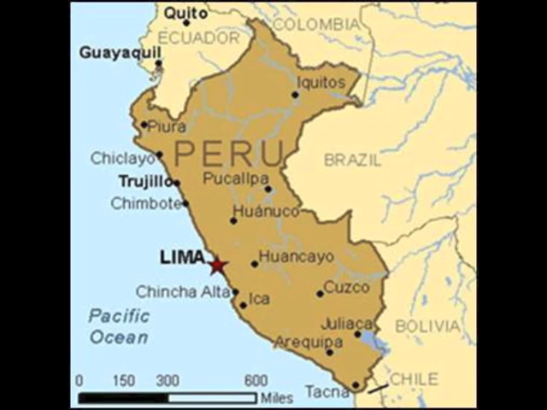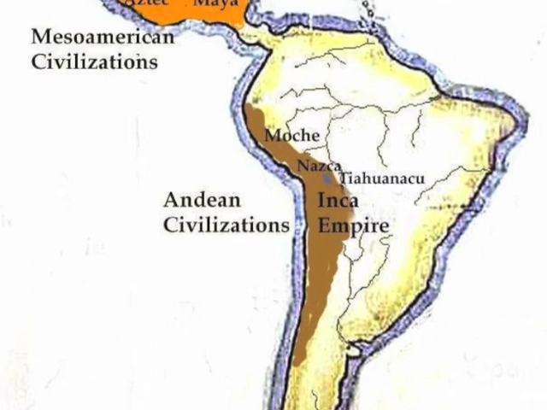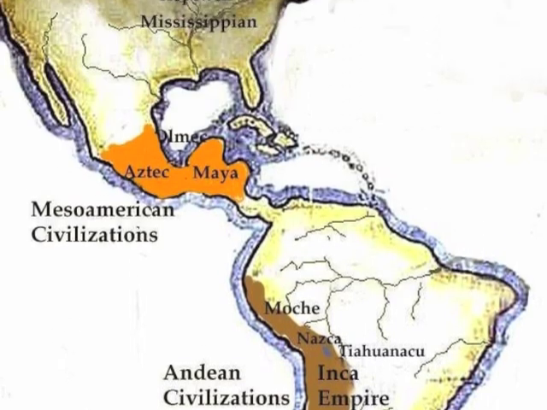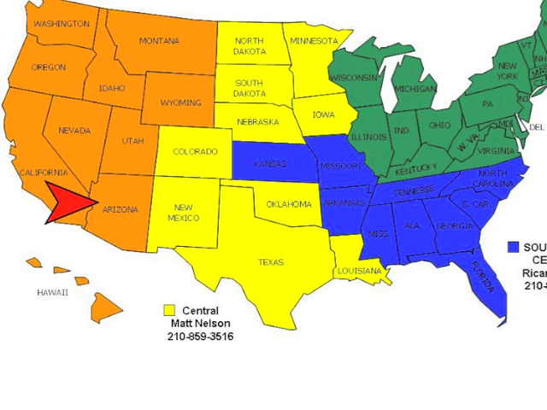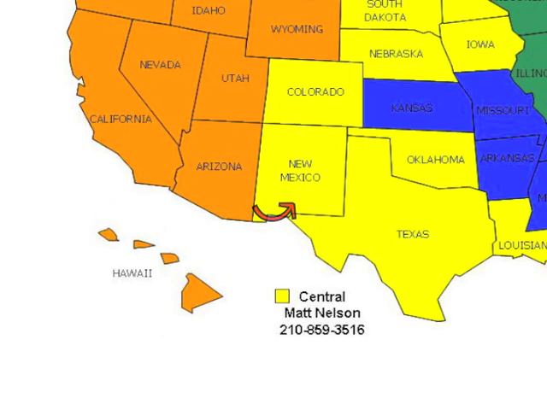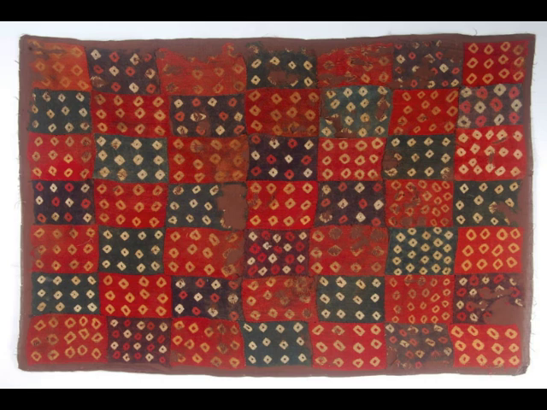In the Western Hemisphere, besides those in Peru, pre-Columbian tie-dyed fabrics have been found in Utah, Arizona, and New Mexico in the US. These were cottons decorated with resist spots and circles.